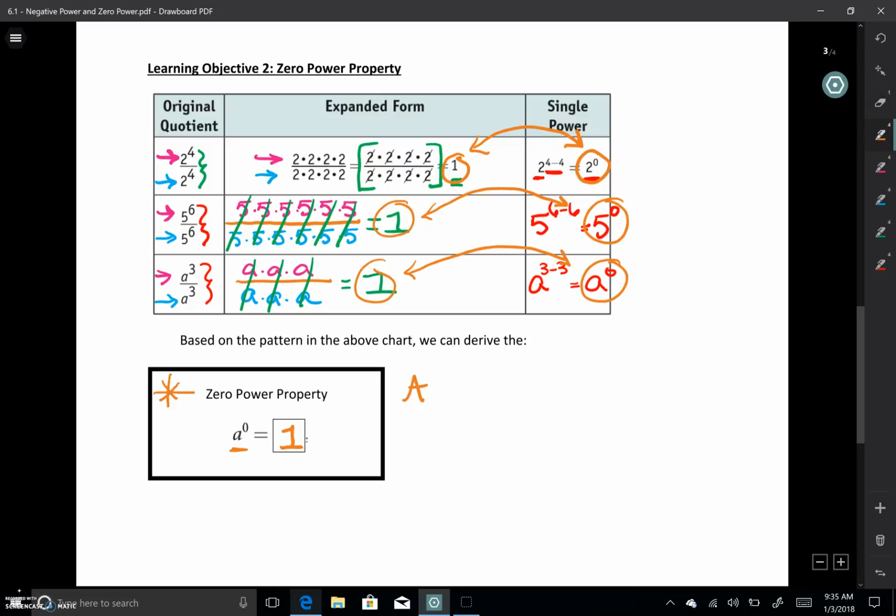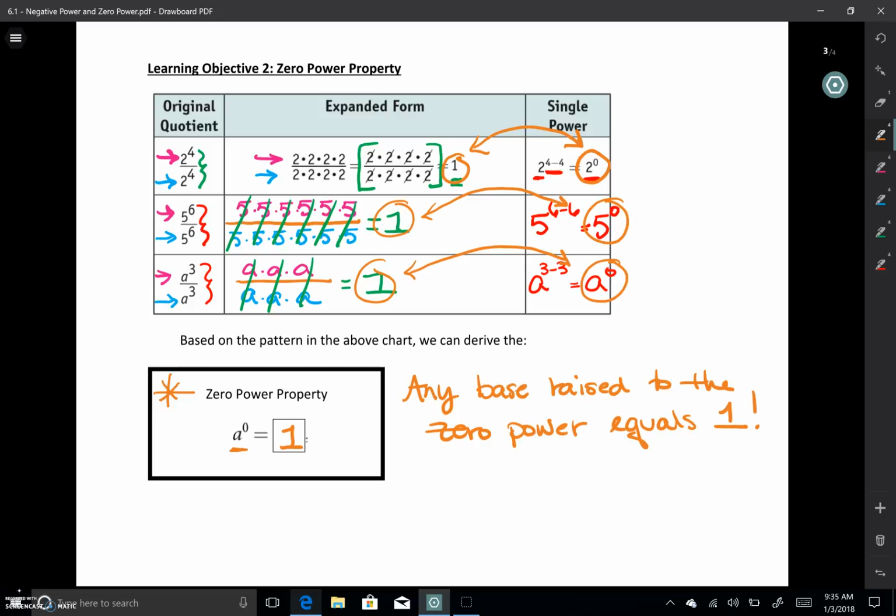I'm going to say any base raised to the 0 power equals 1. And there's your 0 power property. Not too complicated, just something that we gotta make sure that we apply.